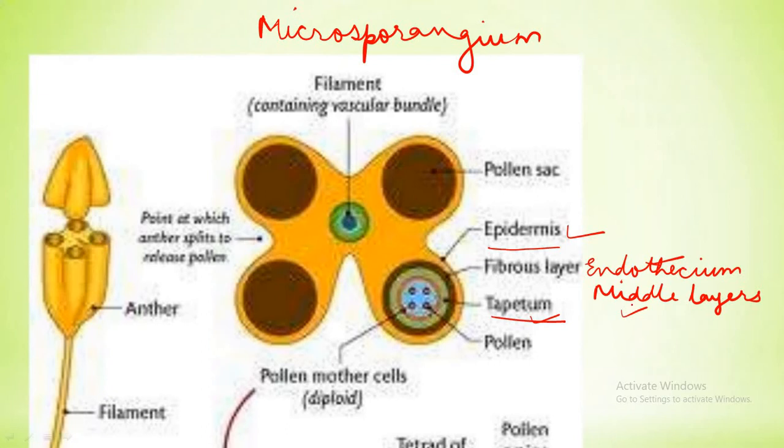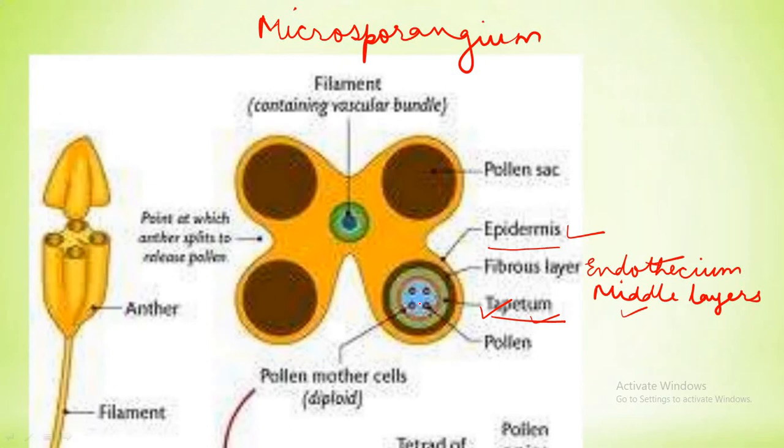Dehiscence means breaking or bursting. So when the anther bursts, these 3 protective layers help, and as a result the pollen grains are released from the anther. Whereas the innermost layer, the tapetum, nourishes the developing microspores or pollen grains.